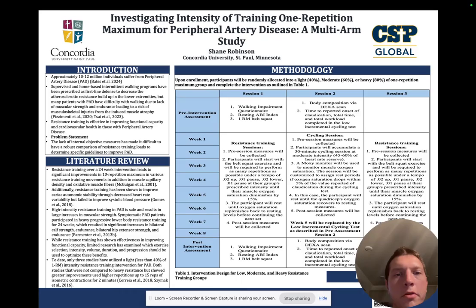One of the reasons I found this as a gap is that there's a lot of research out there on various types of resistance training, whether it's modalities or volume and intensities, and that they were generally benefiting PAD, but there was heterogeneity.